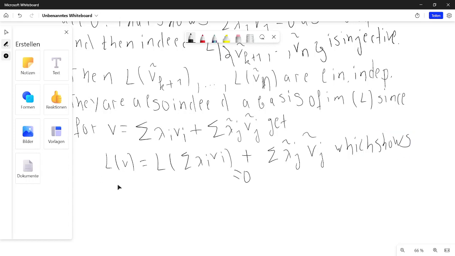It shows the image of L is equal to the span of v_{k+1} tilde till v_n tilde.